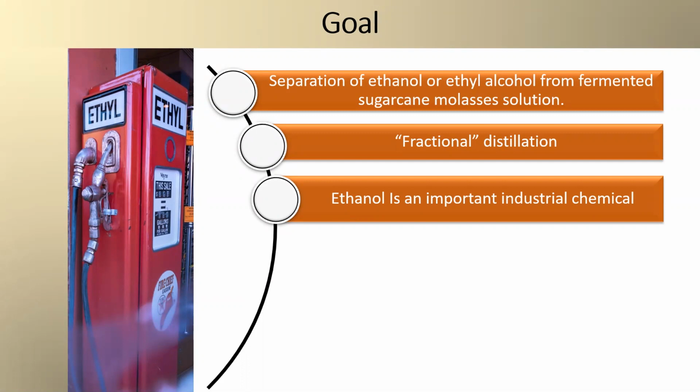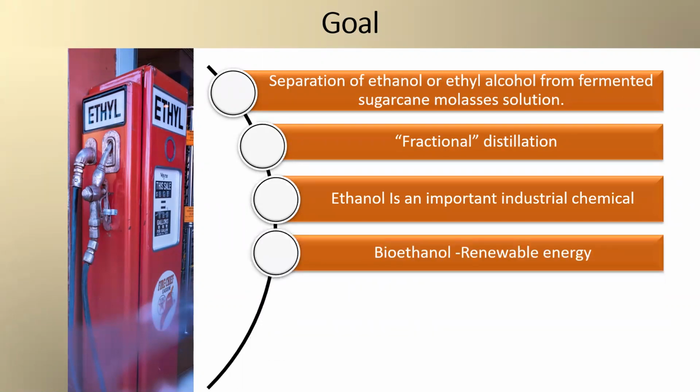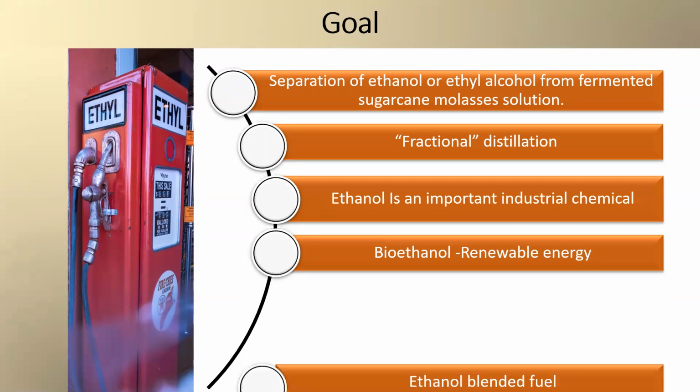Now, ethanol is a very important industrial chemical which is widely used in industry as it is highly soluble in water and it is used as a lacquer or in different applications such as a potent solvent for making personal care products as well. Ethanol blended as a renewable fuel is of great importance as it is a renewable energy source which can be produced from agricultural feedstocks.